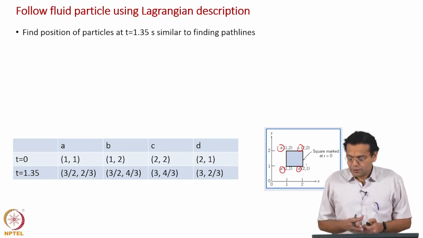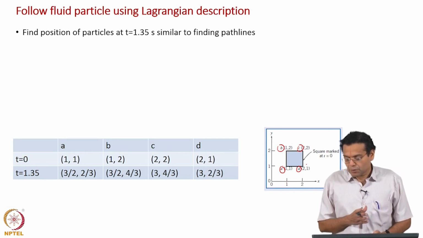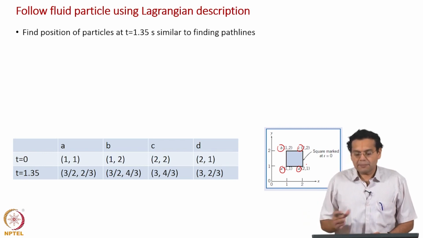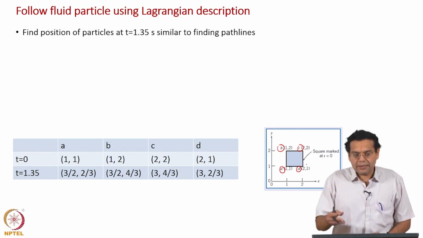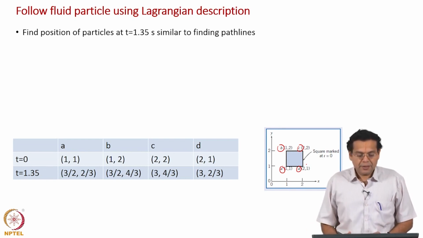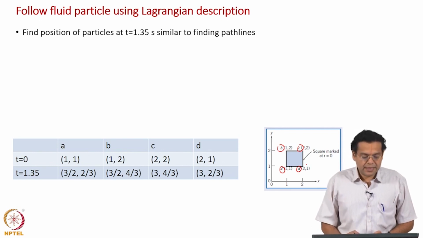If you want to show the progress of these points, then we draw the path line, or if you want only the end point, then the end point of the path line will give you the final position. So, we will find the path line, so that at any time t we will know the position of A, B, C and D. Let us find a general expression.